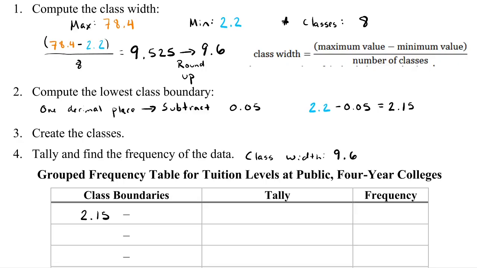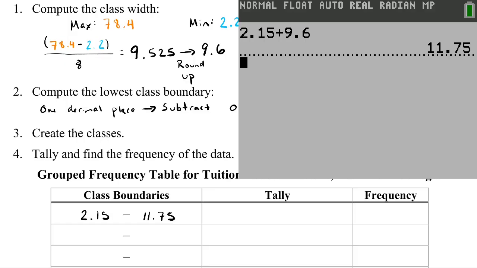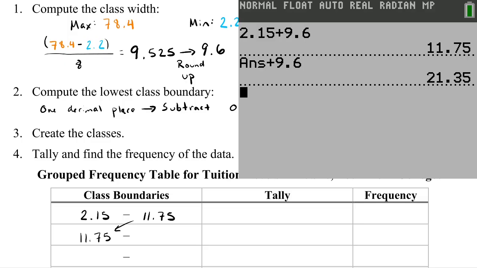And so on our calculator, we're going to say 2.15 plus 9.6. And our first upper class boundary is going to be 11.75. We're going to copy that as our second lower class boundary. And then on our calculator, we're going to add 9.6 again to get our second upper class boundary of 21.35.